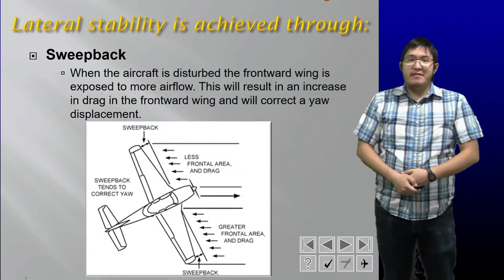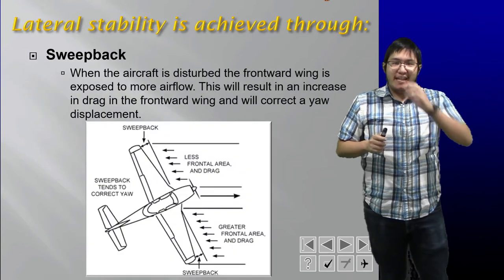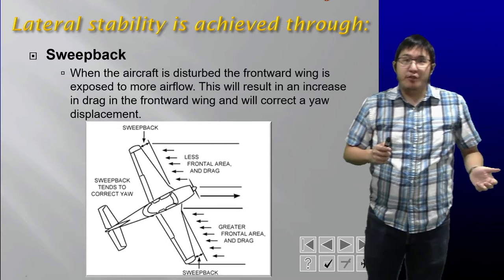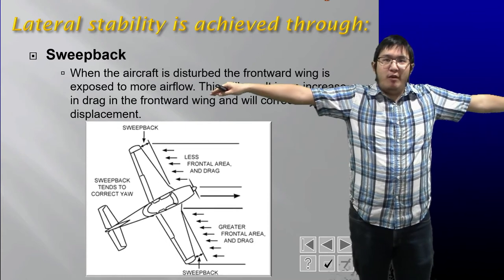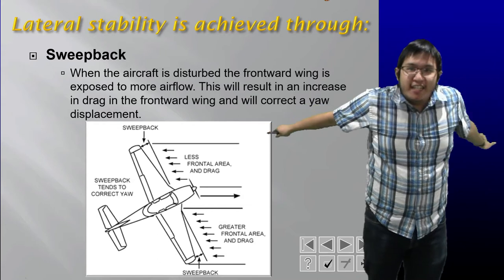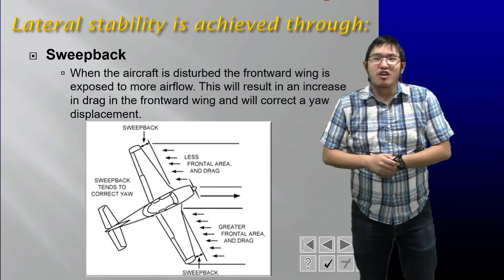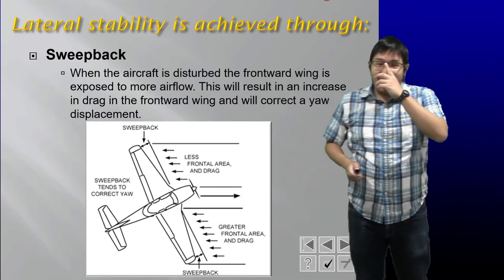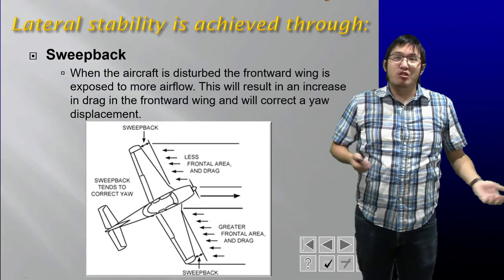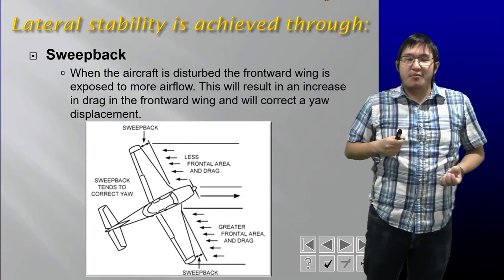Alright, next up we have sweep back. If we look at the airplane from the top, the wings are swept back, kind of like a Naruto run. What that does is it acts like a dihedral, just the effect is not as pronounced.